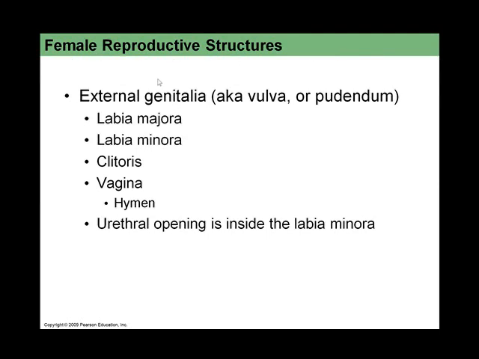The female reproductive structures, the external genitalia, also known as the vulva or the pudendum: the labia majora, labia minora, the clitoris, vagina, the hymen, the urethra opening inside the labia minora. This is improper English.